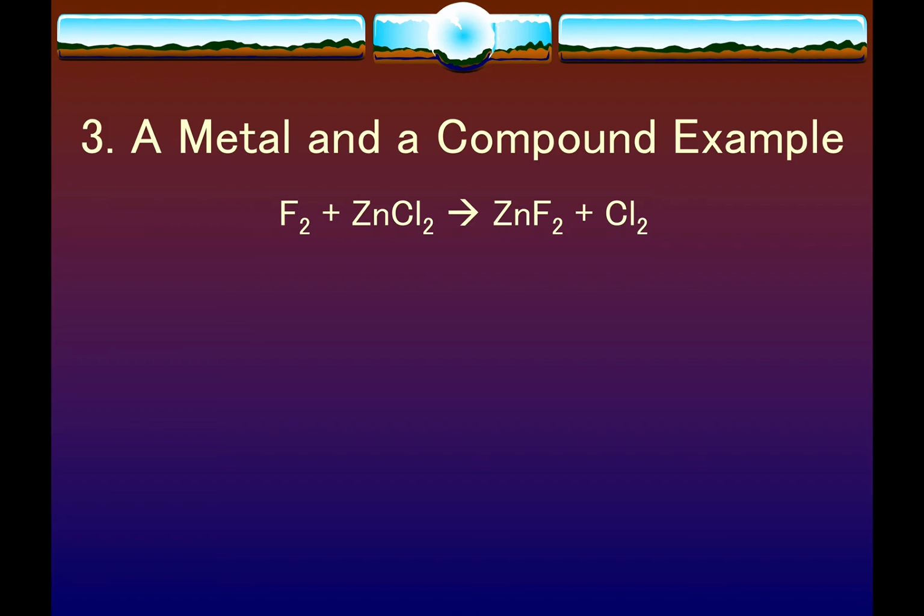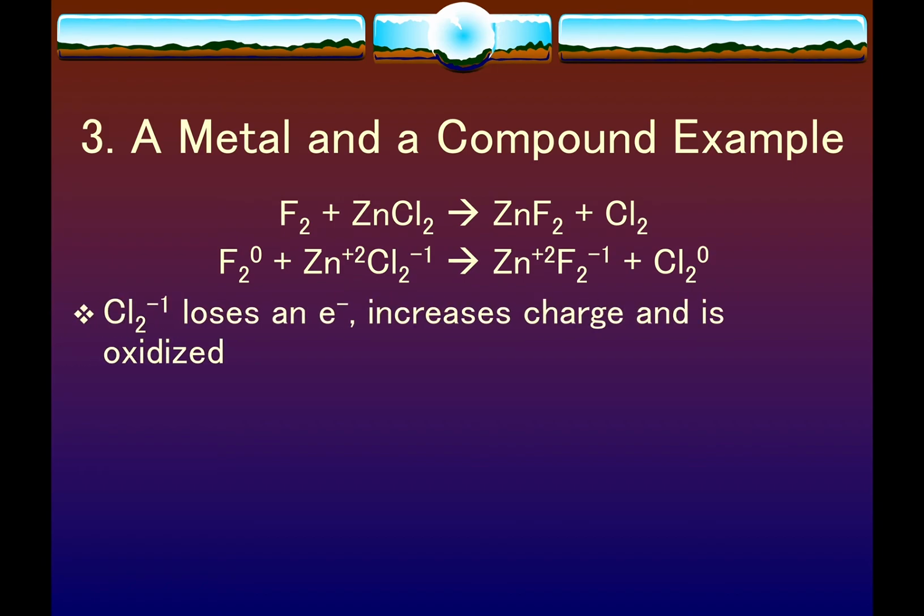Now an example with a nonmetal in a compound. Here we have fluorine and zinc chloride. Same idea will happen. Fluorine and chlorine are going to swap places, the two nonmetals here.